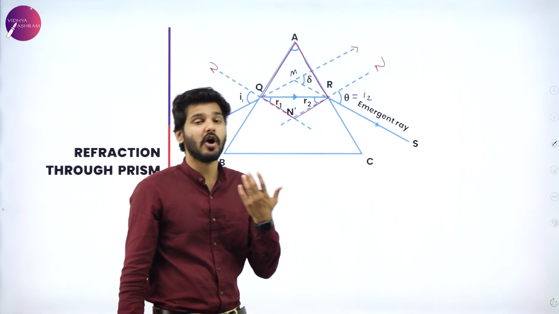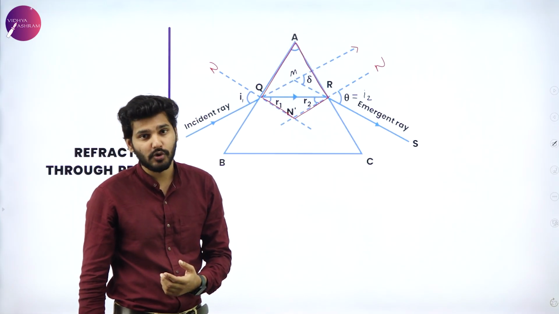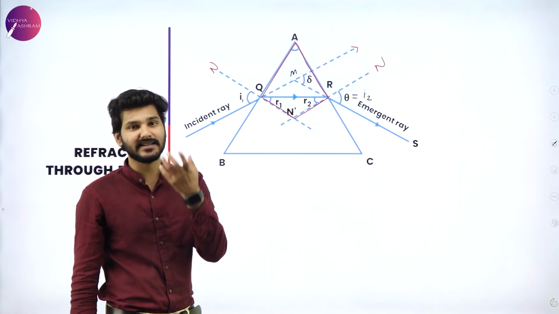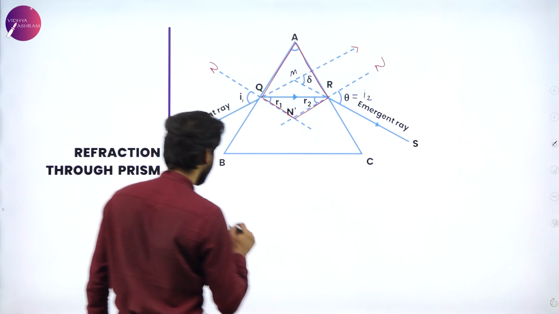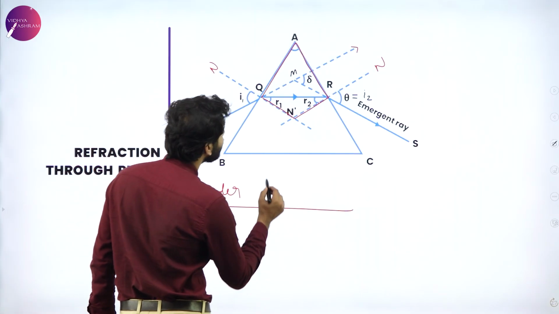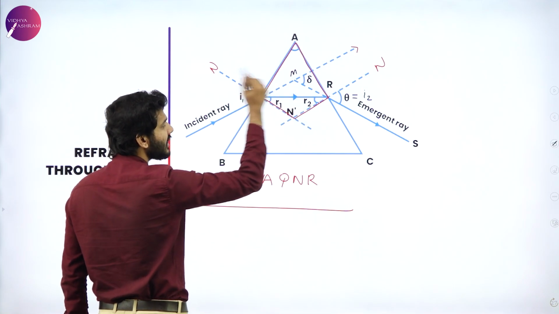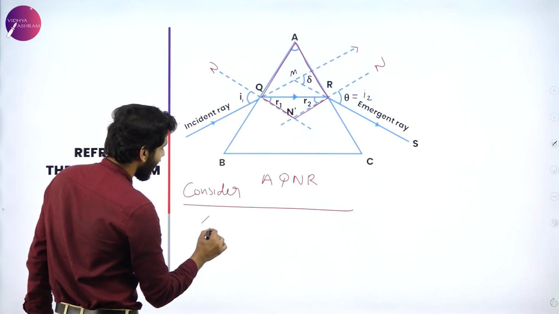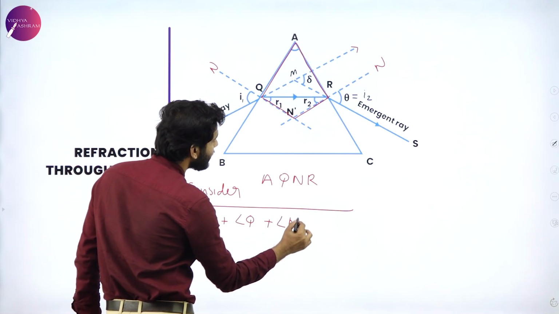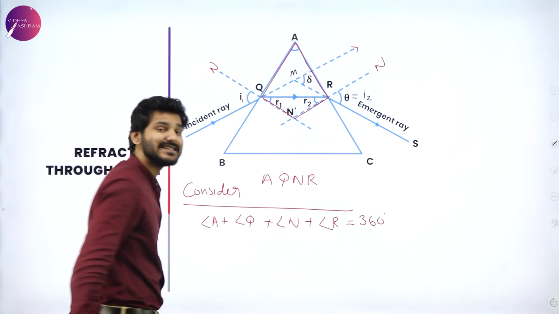We already know that if I add up all the interior angles of this quadrilateral, the entire sum will be equal to 360 degrees. So if I consider the quadrilateral AQNR, then angle A plus angle Q plus angle N plus angle R will be equal to 360 degrees.